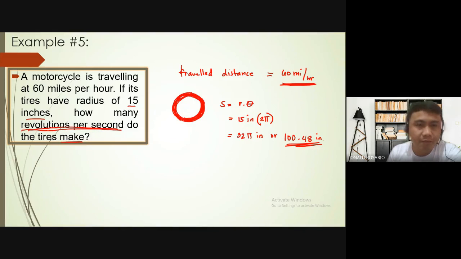At ang problema natin ay itong isa dito nakalagay sa miles. Pero yung isang ikot nakalagay sa inches. So ang gagawin muna natin para makuha natin yung revolutions per second ay i-convert itong ating 60 miles per hour sa inches per second. Okay, so i-convert ko muna.